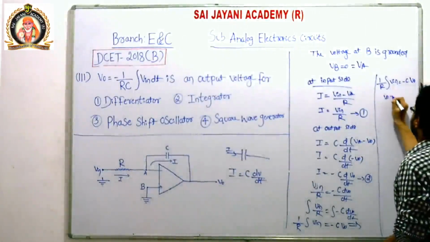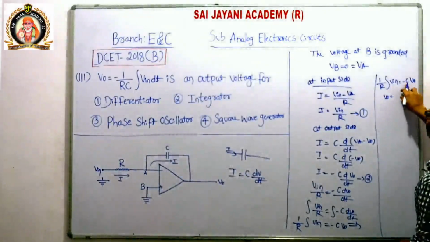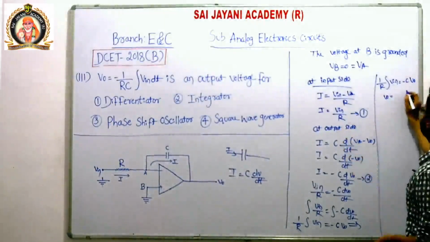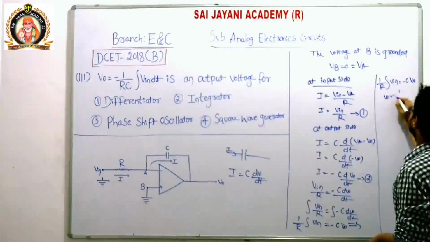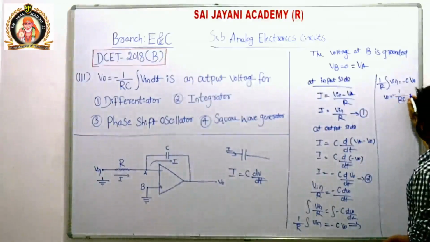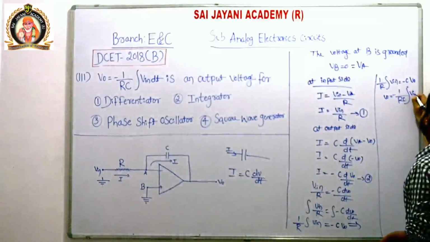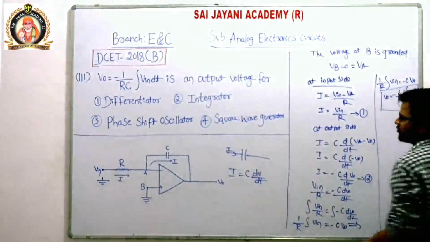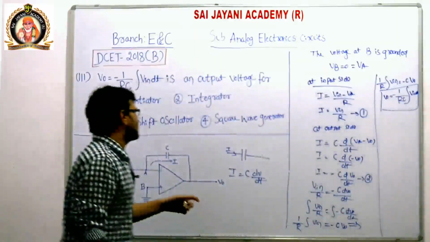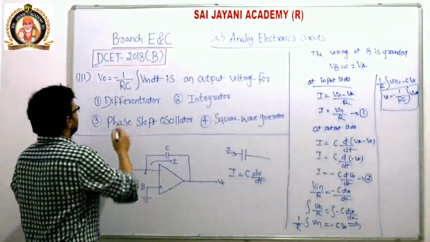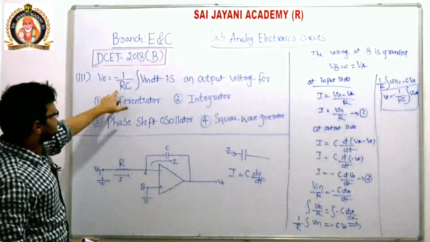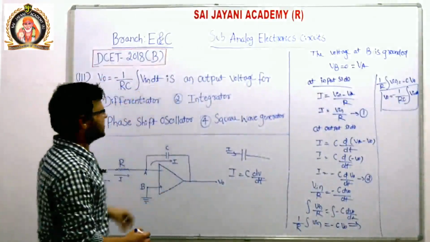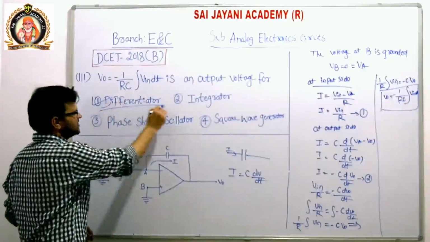Then take this term to the LHS side, and you get V naught equal to minus 1 divided by RC, integration of V in with respect to dt. This is the equation you get. From the option, you can simply tell that V naught is equal to minus 1 divided by RC, the integration of V in dt, is a differentiator circuit. So the right option is differentiator.